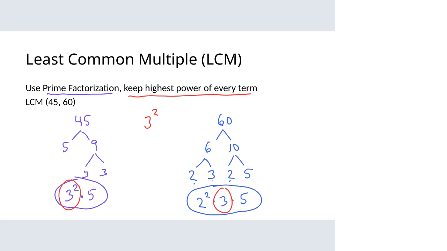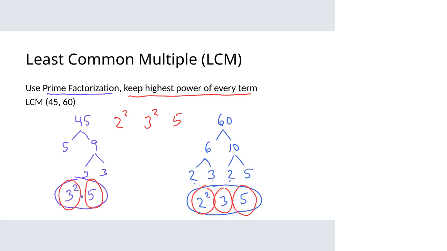So that's the one we keep. And then I have this 5 to the first, and I have 5 to the first. So I'm going to keep a 5 to the first power. And then I'm keeping everything. You don't have to be in both places. If you're anywhere on the board, we're keeping you. So this 2 to the second power, we're keeping that.